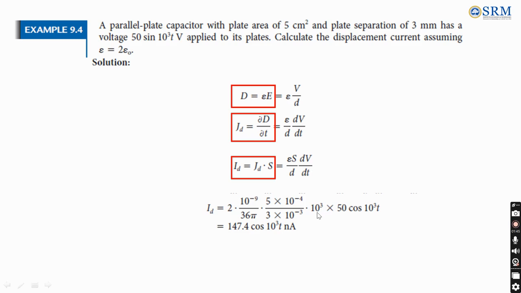For the voltage, 50 into sine 10 cube t volts, we have to differentiate with respect to t. Taking 50 as constant, the differentiation of sine is cos 10 cube t, and 10 cube comes before it. If I simplify this, I will get the answer in nano ampere. I hope you understood. Thank you, everyone.